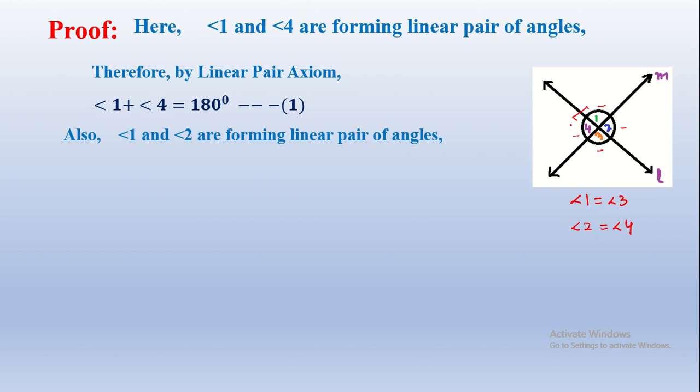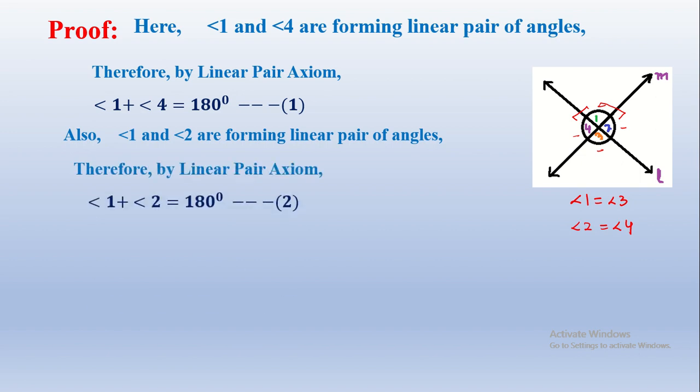Similarly, angle 1 and angle 2 also form a linear pair of angles. So angle 1 plus angle 2 is again 180 degrees. From equation first and equation second, the sum of angle 1 and angle 4 is 180 degrees, and the sum of angle 1 and angle 2 is also equal to 180 degrees.